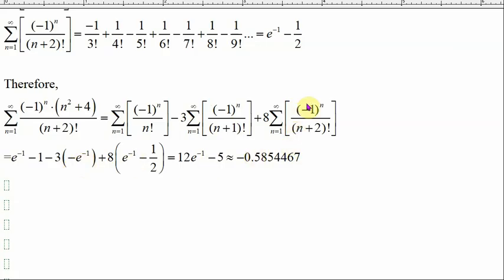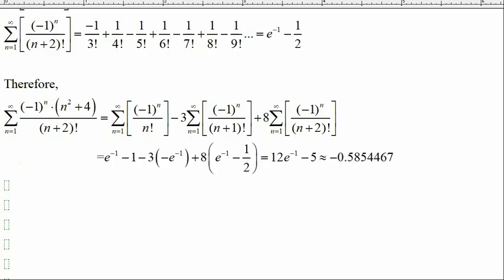And then this summation right here is e to the negative 1 minus 1/2. And simplify everything. We have 12e to the negative 1 minus 5, which is approximately negative 0.585446.